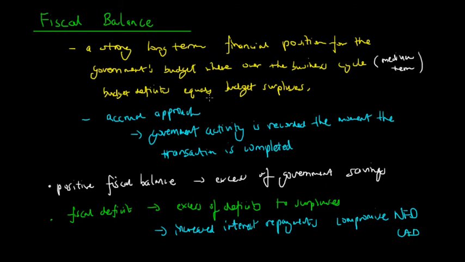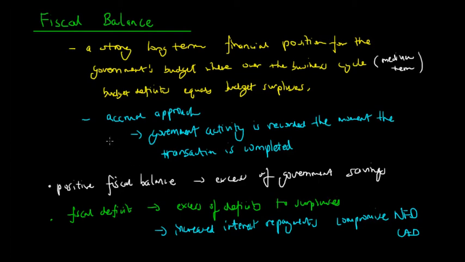Okay, so the goal of fiscal balance means that over the long term or the medium term, the cost of the government budget deficits should equal budget surpluses so as to achieve the government economic goals of both inflation, full employment, equity and income distribution, external stability, and low inflation, and strong and sustainable economic growth.